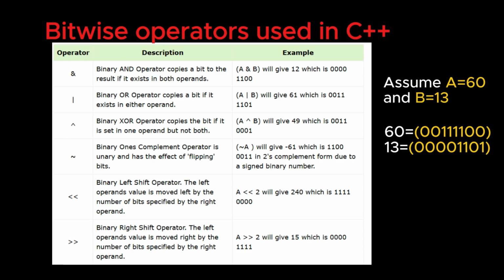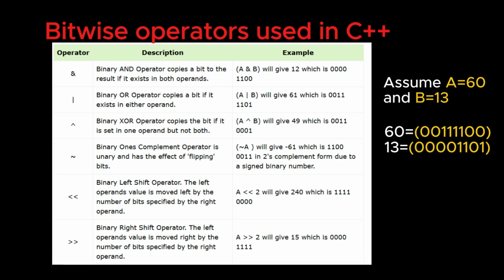The third one is the binary XOR operator. This copies the bit if it is set in one operand but not in both. For example, A XOR B will give us 49 in decimal form, which is equal to 0011 0001 in binary form.